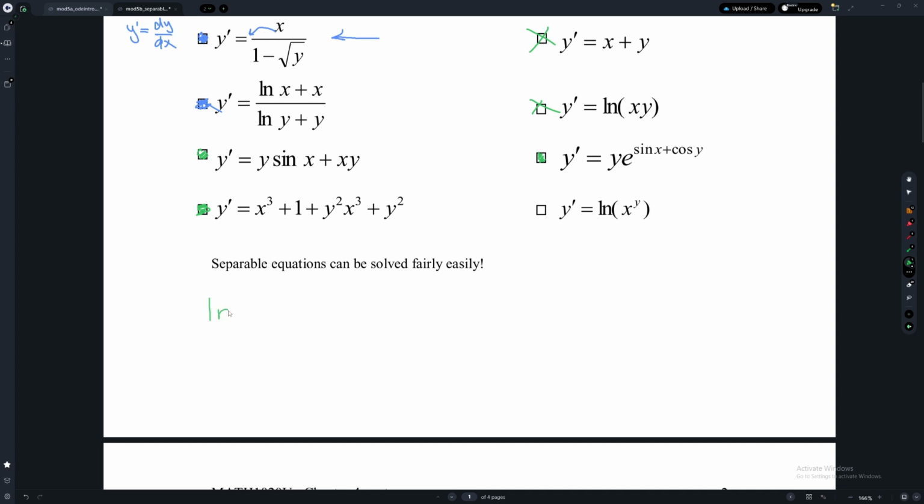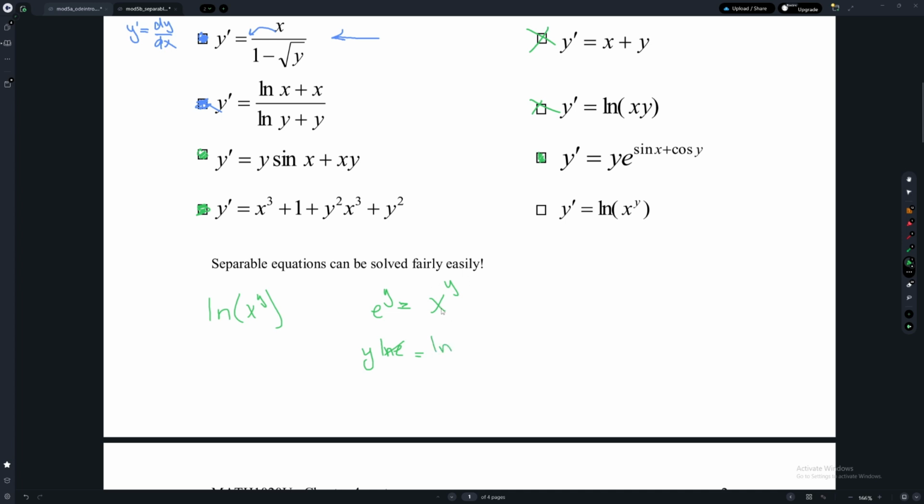Our next one is ln of x to the y. And don't let this scare you off again. If I gave you e to the y equals x to the y, and you want to isolate this y, you'll ln it, because when you ln it, it comes down. So you get y ln e. Ln e is just 1, so it cancels out. That's the whole point. Equals, now you have y. Obviously you have to ln this side too.